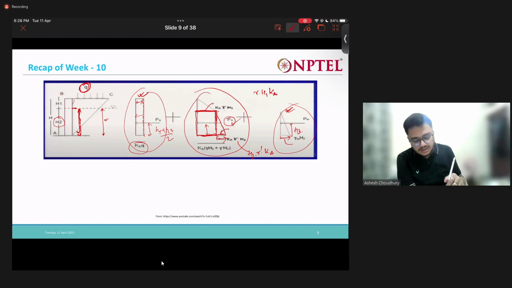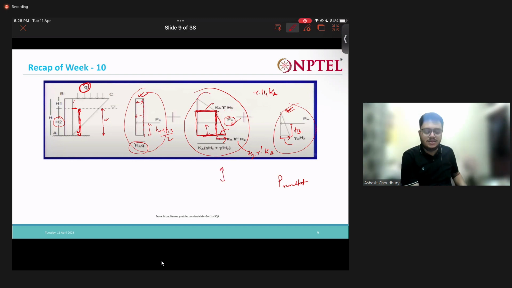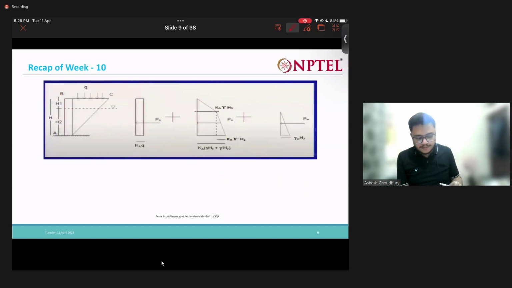After you determine all this, you can determine the resultant, and where the resultant is acting, that height also you can determine by determining the centroid of the combined figure. We will solve the problems at that time, and it will be clear.